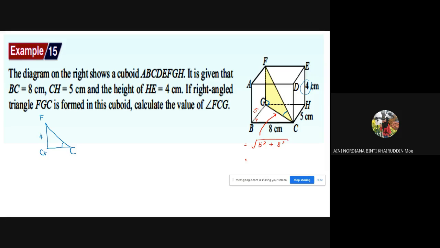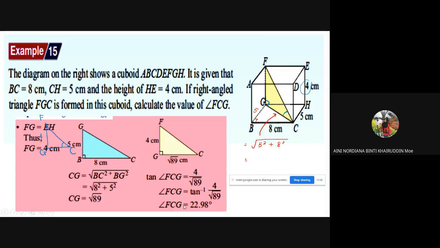Okay, you can use your calculator to calculate this. So you will get square root 89. So put here square root 89. So now we want to calculate this angle.